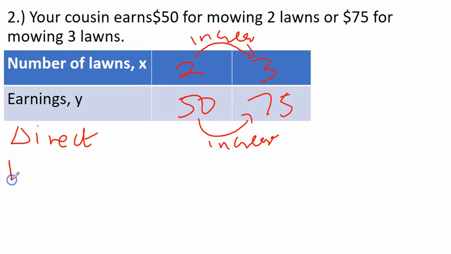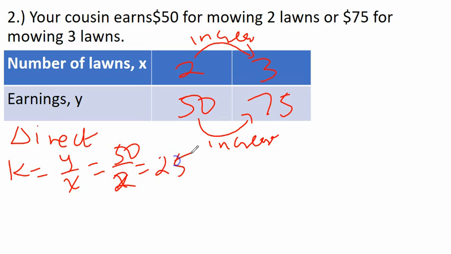If it is direct, then the constant is what we get if we divide y by x. So it's going to be 50 divided by 2, which will give us 25. And then y over x, also if we use 75 divided by 3, we get 25 also.